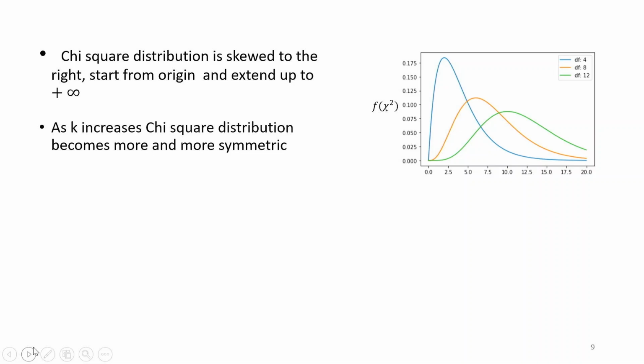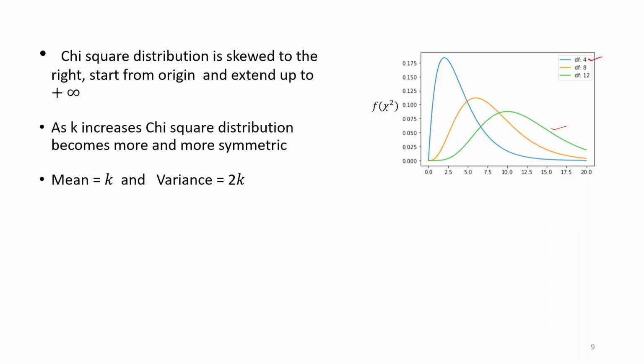Now some chi-square graphs are shown here. What we see here, the chi-square distribution is skewed. So you see all the graphs, the blue, the orange and the green. All have chi-square graphs for different values of degrees of freedom. df equal to 4, here the blue one is with degree of freedom 4.